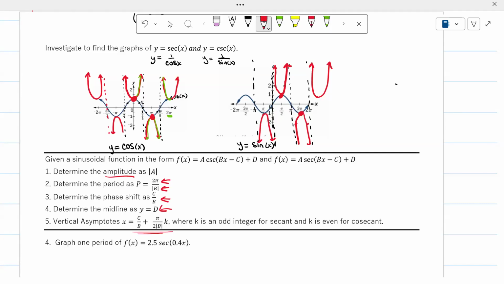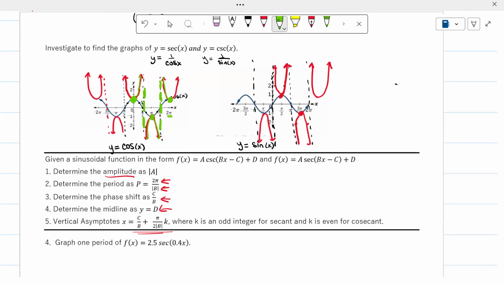Now, the types of graphs we've done so far have had 5 key points. For the 5 key points for cosine, we do a minimum, an asymptote, a maximum, an asymptote, and then back to the minimum.